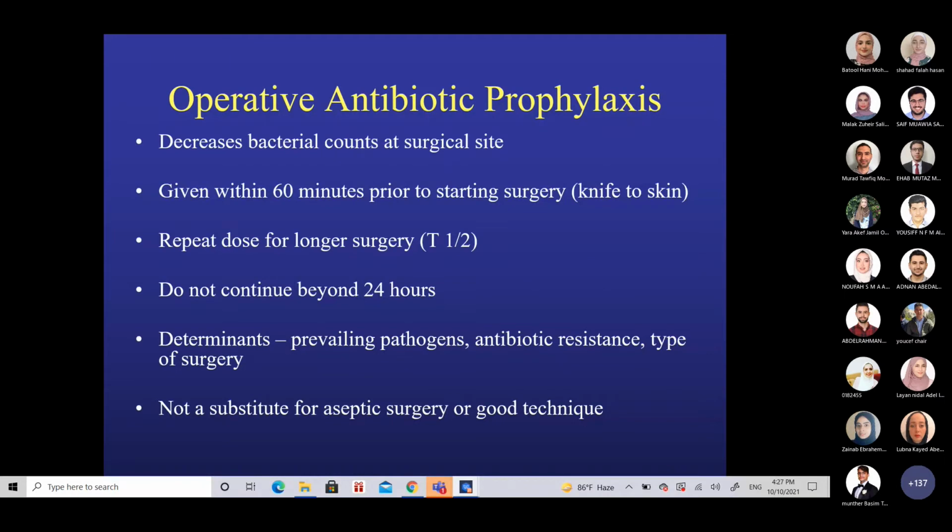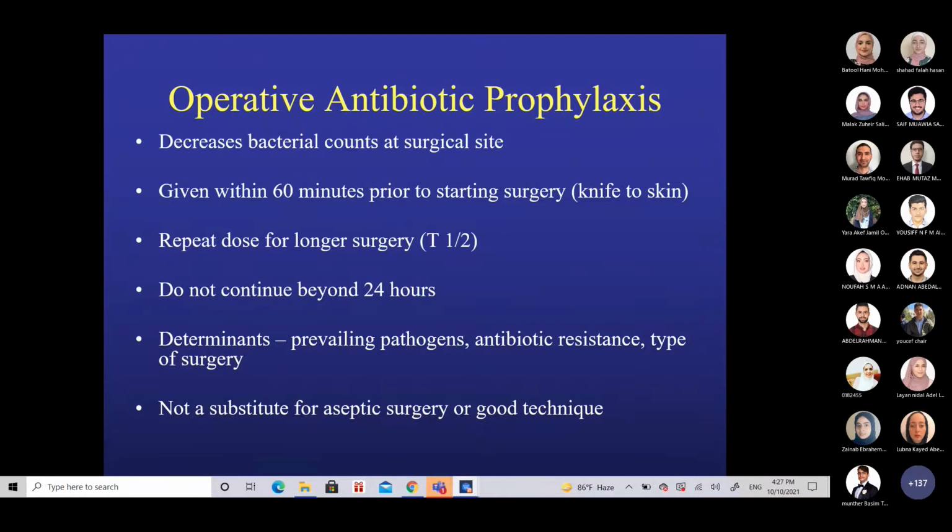Okay, now a few points about antibiotic use in surgical practice. Operative antibiotic prophylaxis is used to decrease bacterial counts at the surgical site. We need time, I mean a time of about 2-3 hours before incision, to administer the IV antibiotics in order to have enough tissue level at the surgical site.